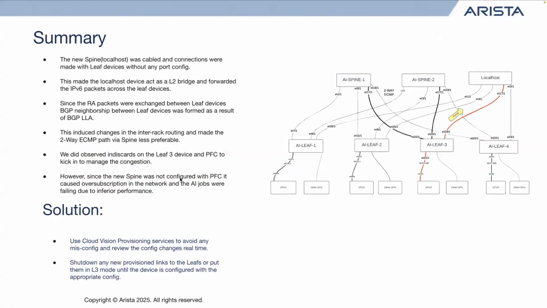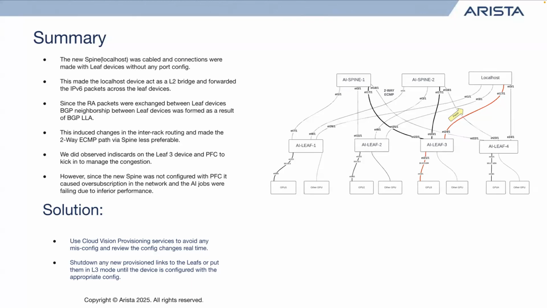As we saw, there was a new spine which was cabled and the connections were made to it from the leaf devices, but the port config on the local host side was not appropriate. We didn't shut down the uplinks, nor did we change them to no switchport mode, and that made the local host device act as a layer 2 bridge and forward the IPv6 packets across the leaf devices.